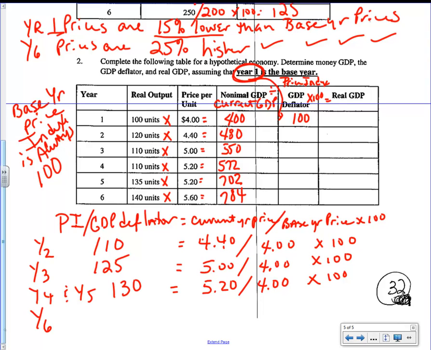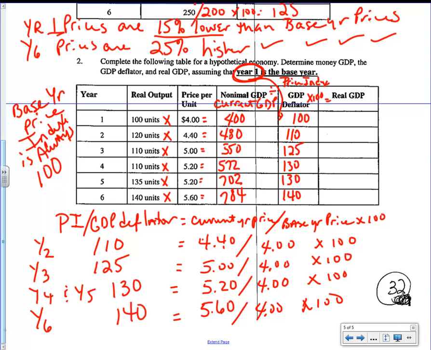Last year, we have a price of $5.60. Base year price is $4. So that tells us that we have a price index of 140. So I'm going to put those numbers right back up here. We have 110, 125, 130, 130, and 140.